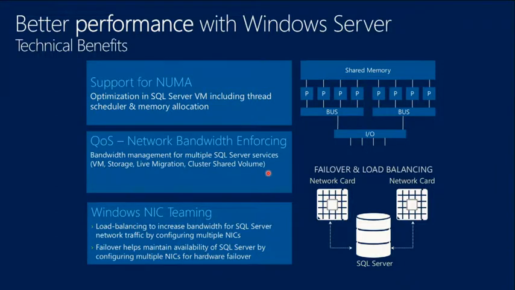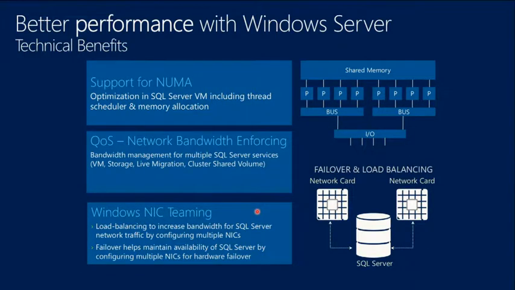The next one, Windows NIC teaming. I'm very excited about this one. This allows you to join multiple network cards together in Windows Server and then treat them as one logical unit. You can actually use it for load balancing so that you can increase the network performance of SQL Server. Let's say your SQL Server is very network heavy, right?